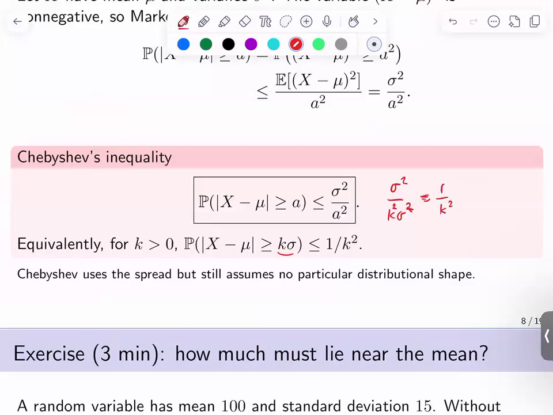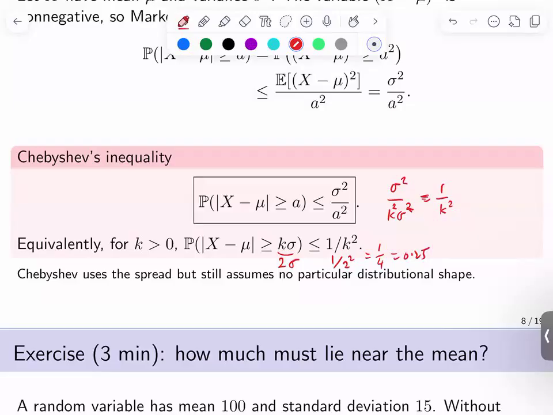Now this is saying if I have k multiples of sigma, how likely is it that x is k times sigma away from the mean? And the answer would be in general 1 over k squared. So if we have 2 here, then you get 1 over 2 squared, which is 1/4, right? 25%.